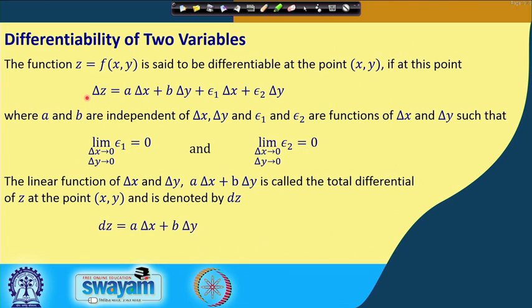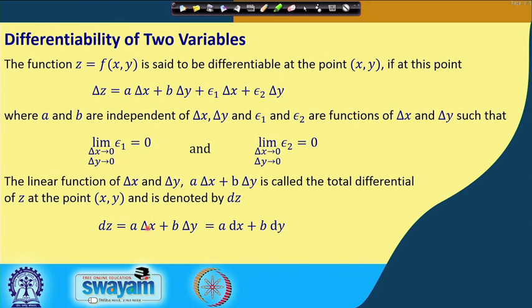This dz, which we call the differential term or the total differential, is equal to a delta x plus b delta y, that is the linear part of this change in z.